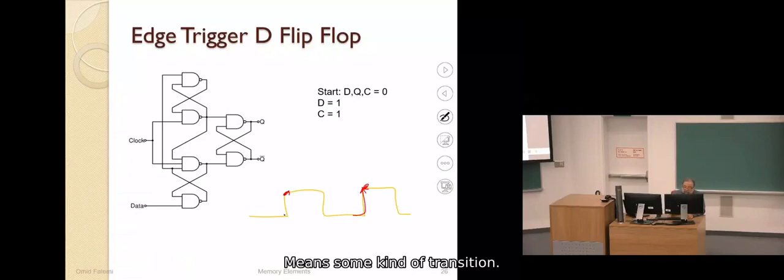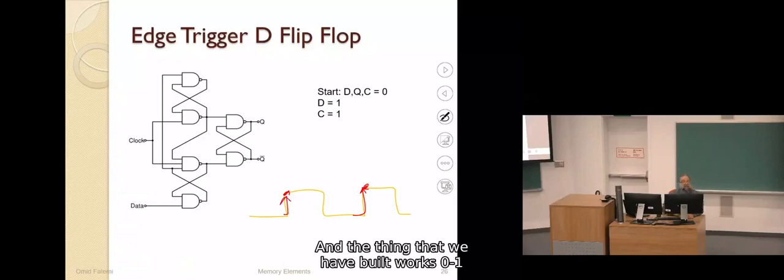It means some kind of transition. And the thing that we have built works from 0 to 1, when the clock goes from 0 to 1. So it is a rising edge. It doesn't work when it's 0.